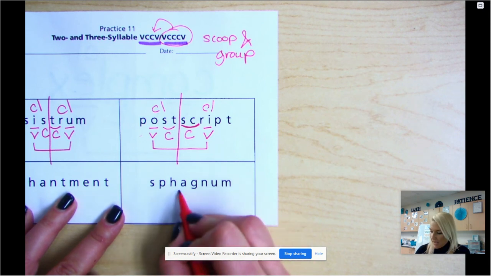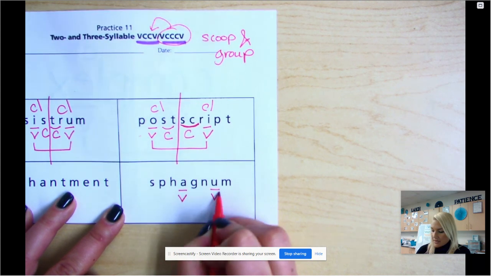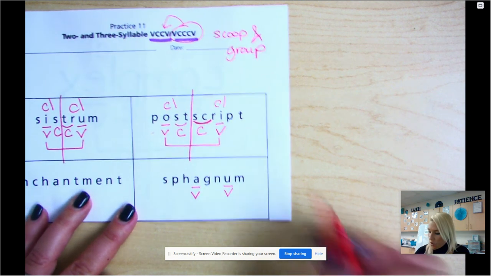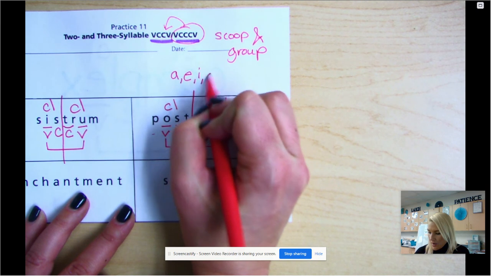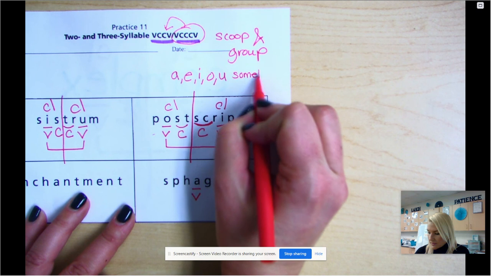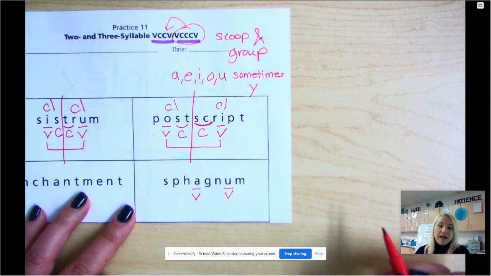Well, I have a vowel here and I have a vowel here, my A and U. Remember at home, we know that our vowels are A, E, I, O, U, and sometimes Y. So keep that in mind. And our consonants are every other letter in the alphabet that aren't the vowels.